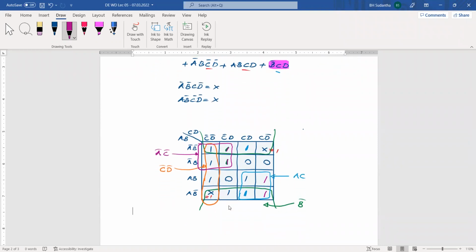Okay, then the minimized equation is F equals B bar, AC, A bar C bar, then C bar D bar.